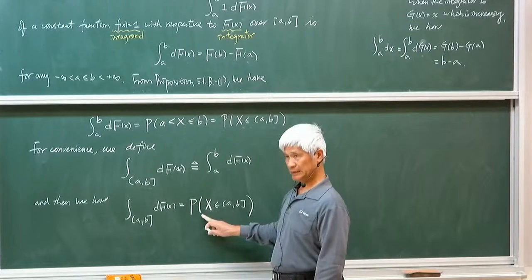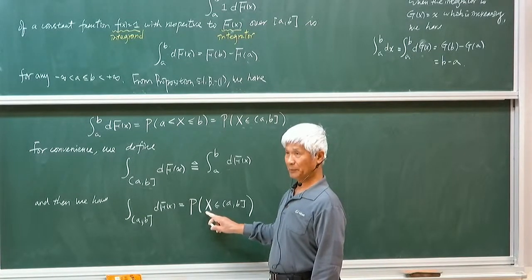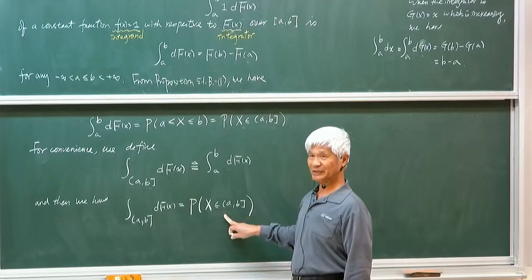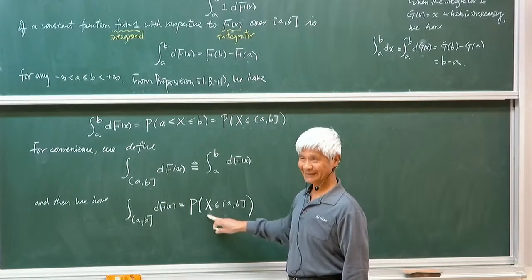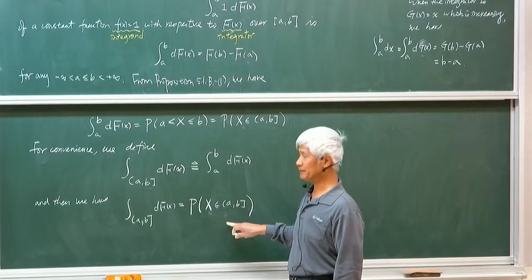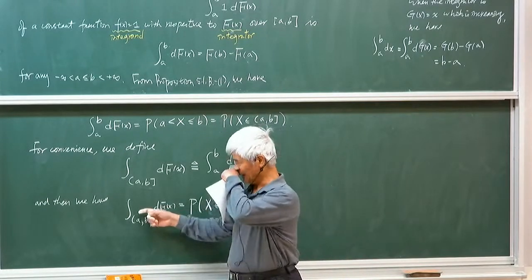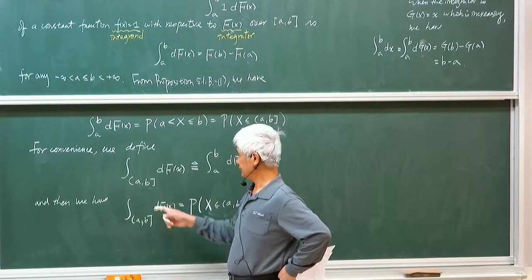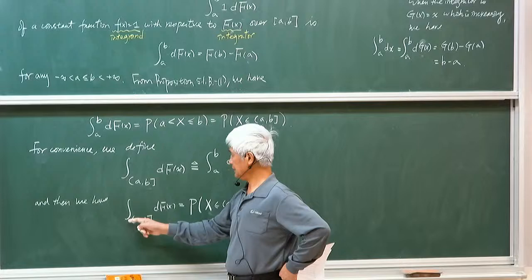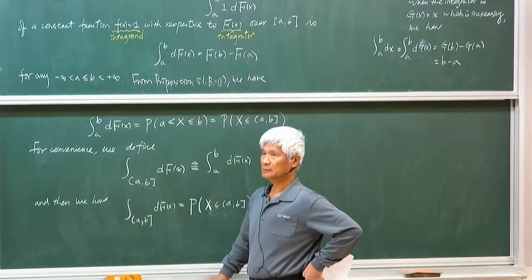So this is the probability of an event of interest described by a random variable, right? This is a very common way we describe an event. And this indeed is this Riemann-Stieltjes integral, specifically over this half-open, half-closed interval.